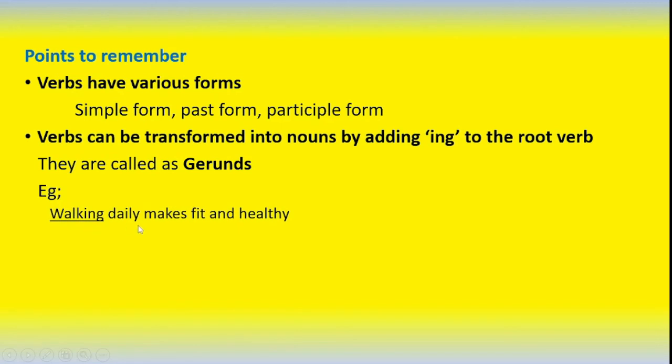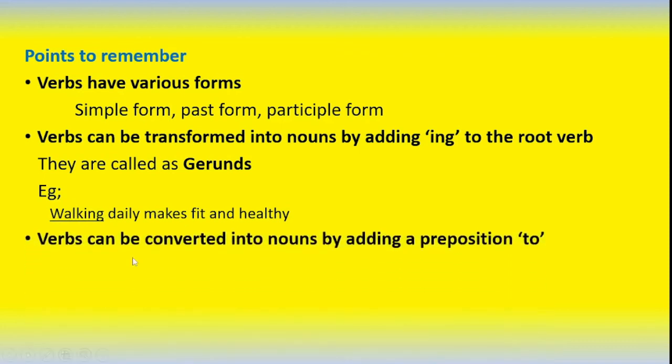Example: walking daily makes you fit and healthy. See, walk is an action. What I have done here is add ing and make that the subject or noun. Walking daily makes you fit and healthy. Then verbs can be converted into nouns by adding the preposition to.